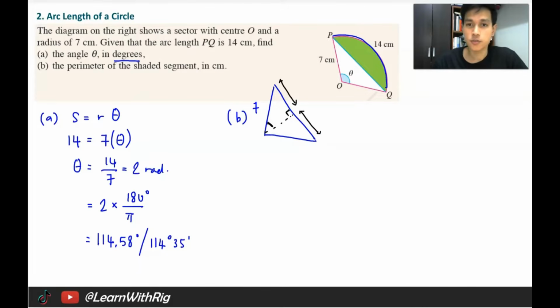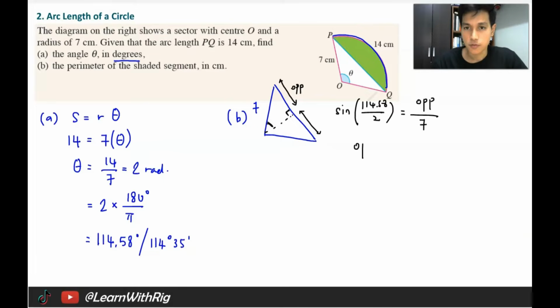Never mind, let us do this together. This one is opposite, and with the hypotenuse, you can use sine. The angle you are looking for is half of this angle, so it's 114.58 divided by 2. Sine of the angle equals opposite, which you are looking for, over hypotenuse, which is 7.